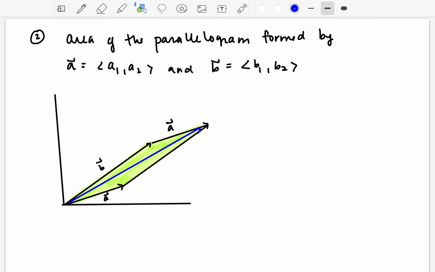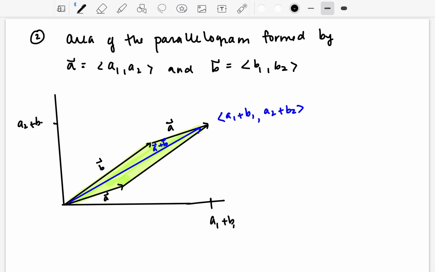Since this is the vector A plus B, that means it has coordinates A1 plus B1, A2 plus B2. So down here I'll have A1 plus B1, and up here this will be A2 plus B2.